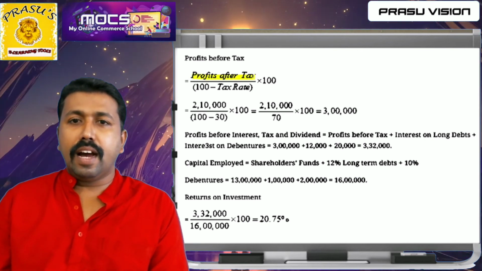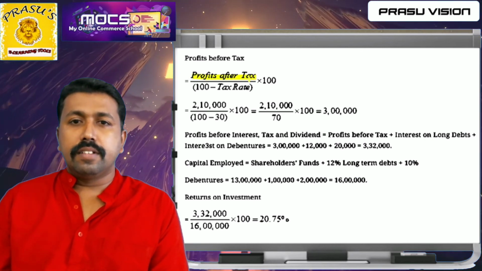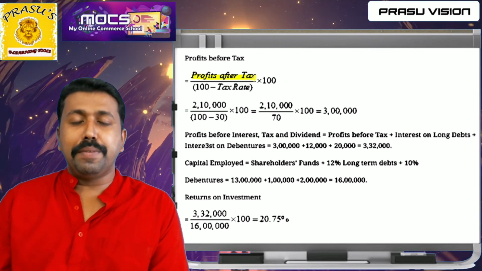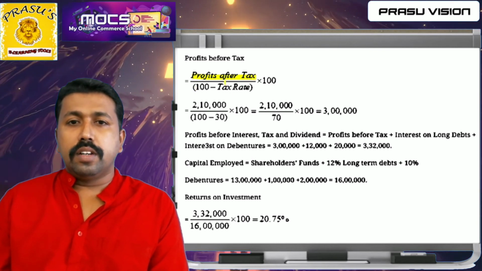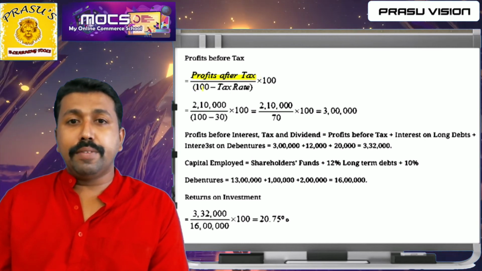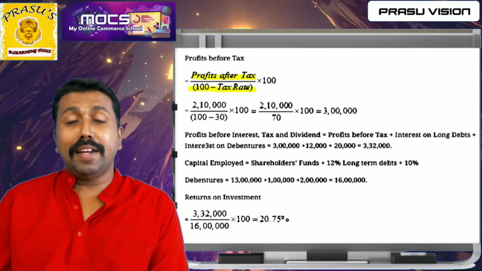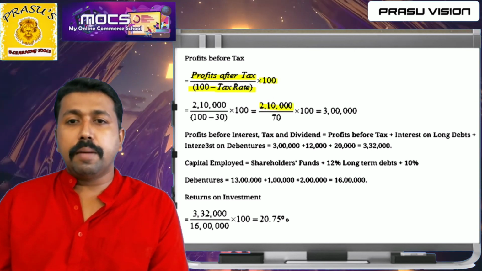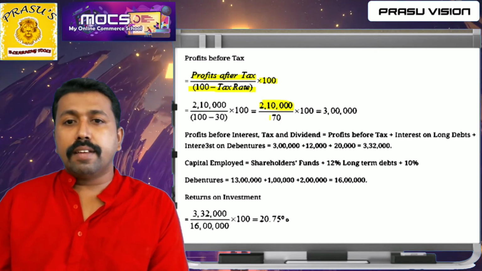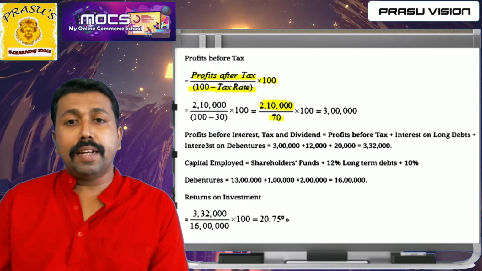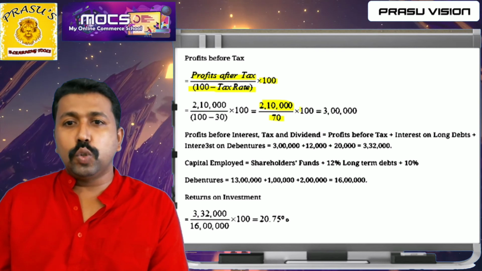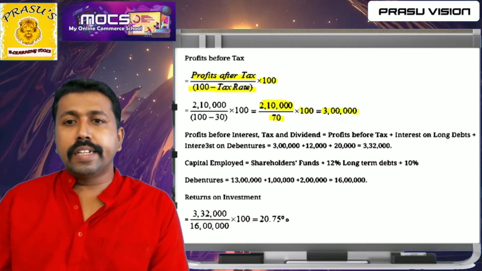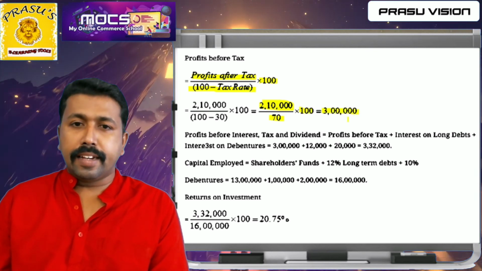Profit after tax is there. We have to find out profit before tax. So profit after tax amount divided by 100 minus the tax rate into 100. So 2,10,000 is the amount of profit divided by 100 minus 30, 70%, into 100. So we will get 3 lakh.